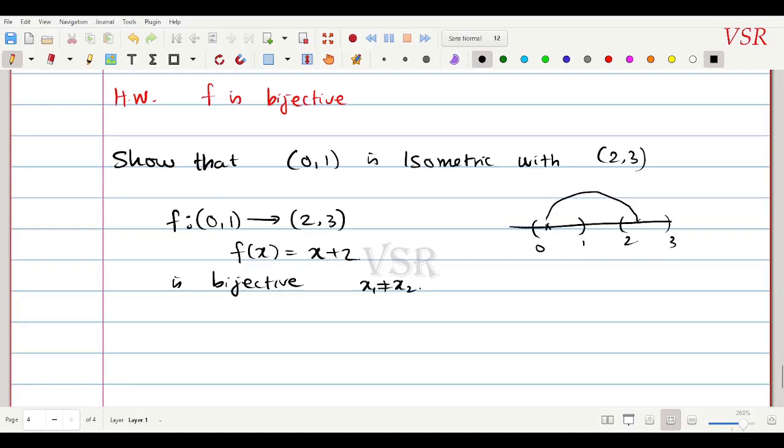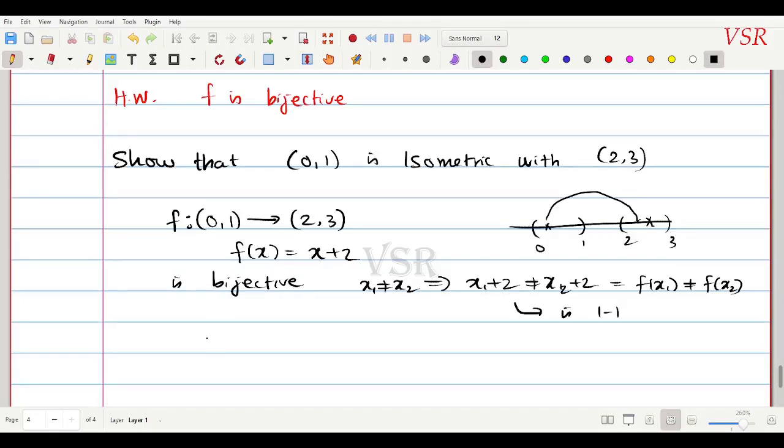This implies x1 plus 2 is not equal to x2 plus 2, that is f of x1 is not equal to f of x2. So this implies f is one-one.